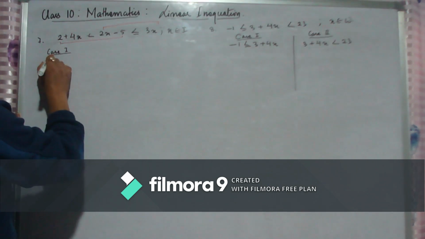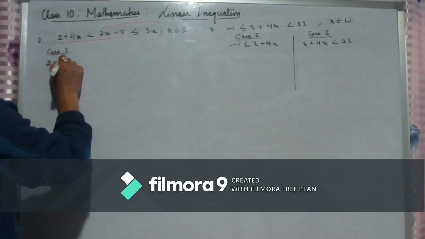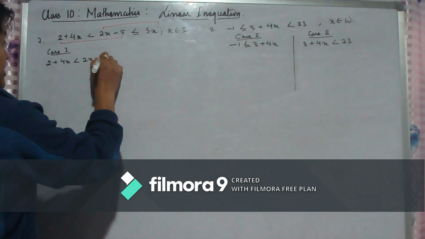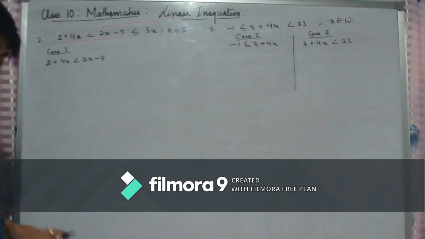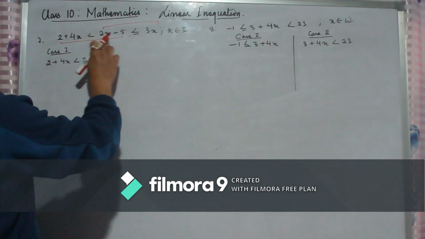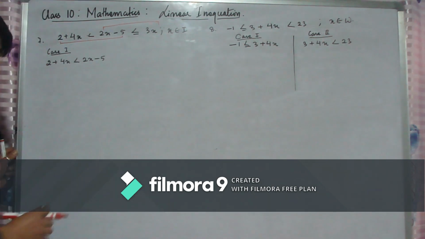In case 1 we have 2 plus 4x is less than 2x minus 5. I've copied this, and here we have to notice that we have the variable here also, and here also.